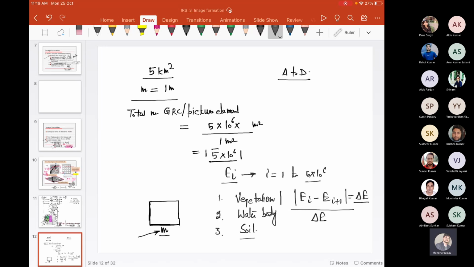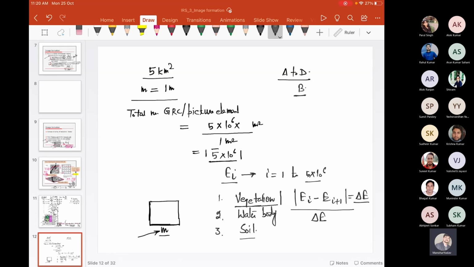Okay? It will be quite less because they are the vegetation. It means in the selected channel, because I am considering the single channel sensing system. Okay? So there is only a single band used.